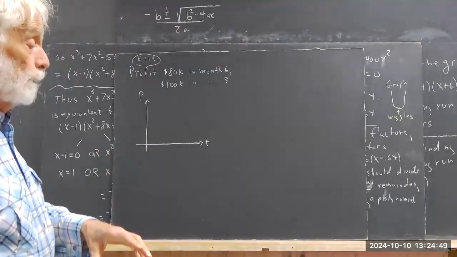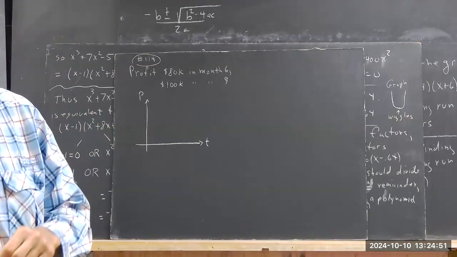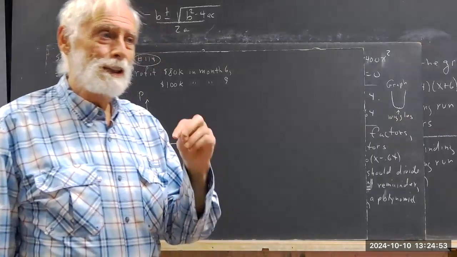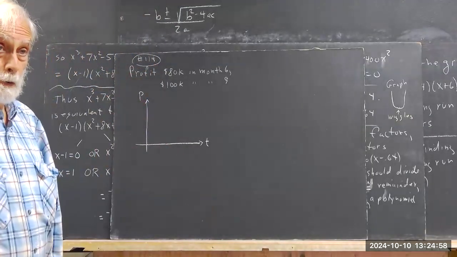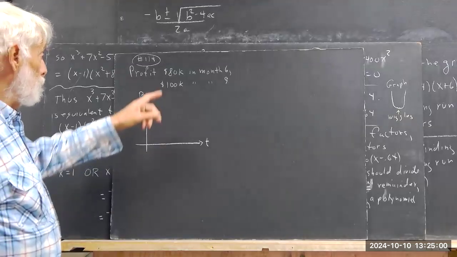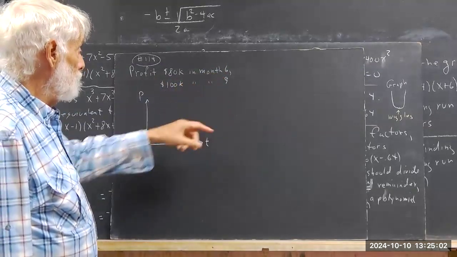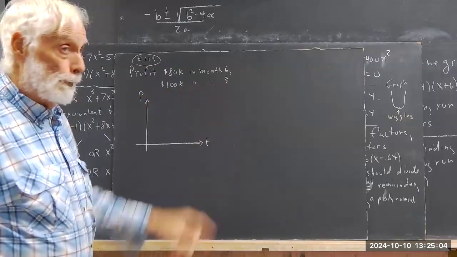But it's really pretty straightforward once you get the idea that you can represent information like this as 2 points on a graph. I give you the profit at a given time, and I give you another profit at another time.